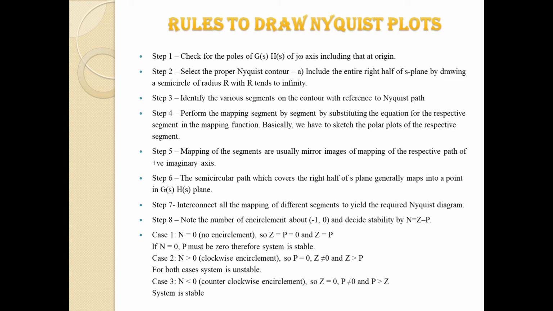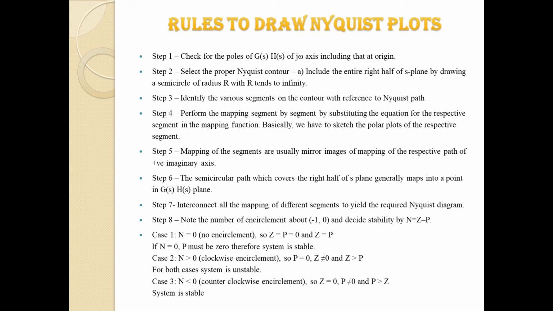Now, this minus 1 point, if we draw the real axis and imaginary axis, is located on the minus 180 degree line, and the imaginary part of this point is 0. So, this minus 1 plus j0 point, or actually the minus 1 point, is known as the critical point of the characteristic equation or the Nyquist plot.